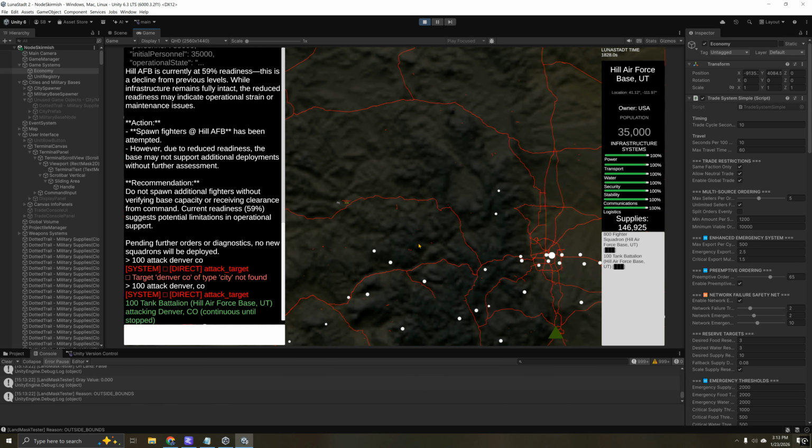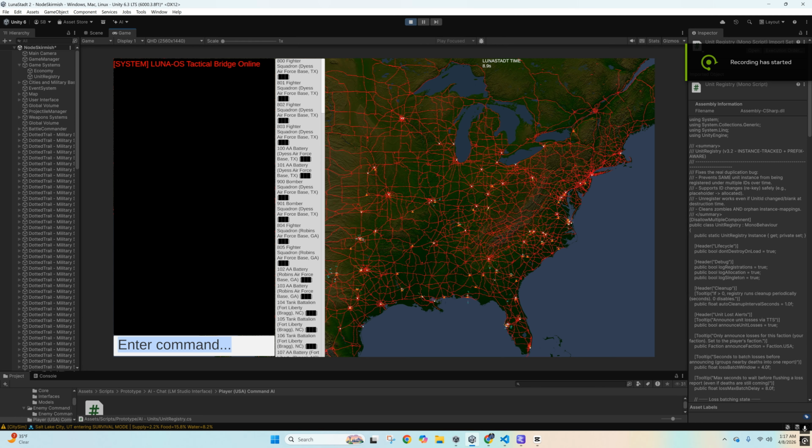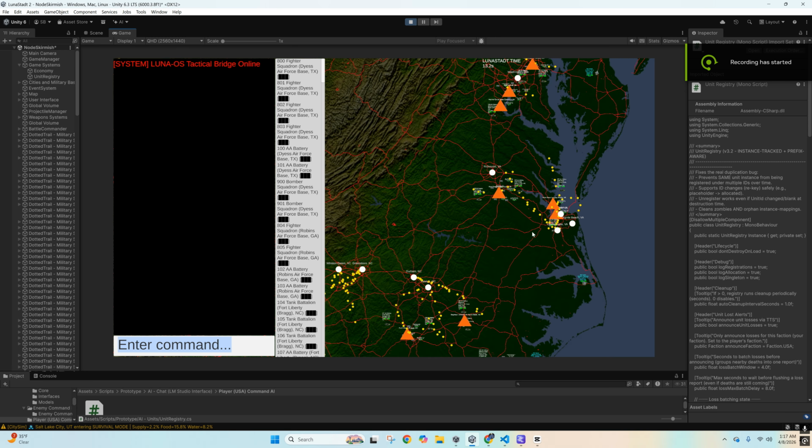This ensures that units remain robust under dynamic conditions. During movement, the unit continuously evaluates its environment. Using a spatial partitioning system, it can efficiently query nearby units, potential threats, and strategic targets. This allows real-time responsiveness without requiring expensive global searches.